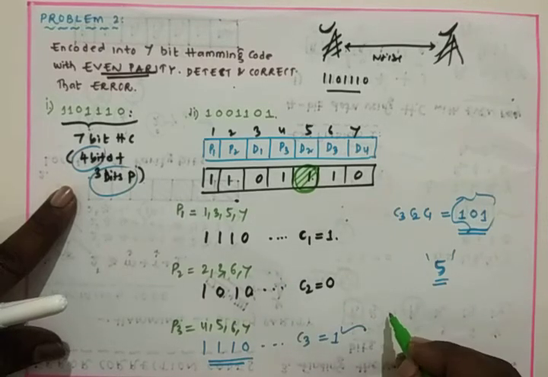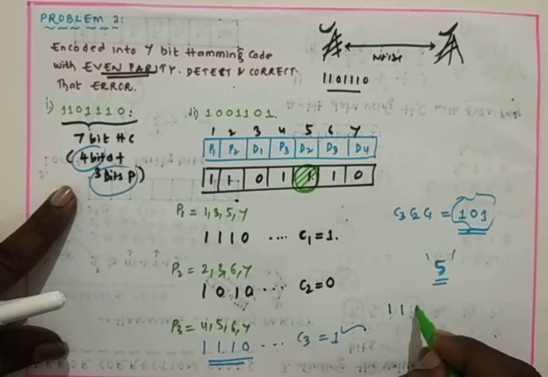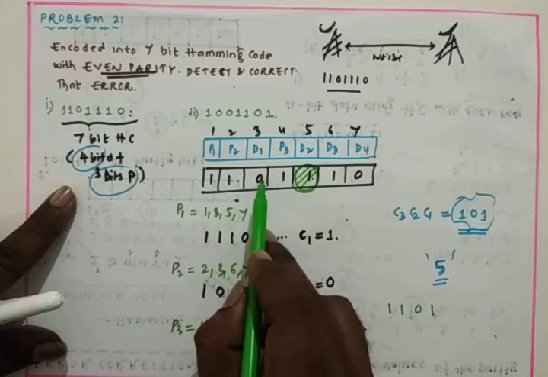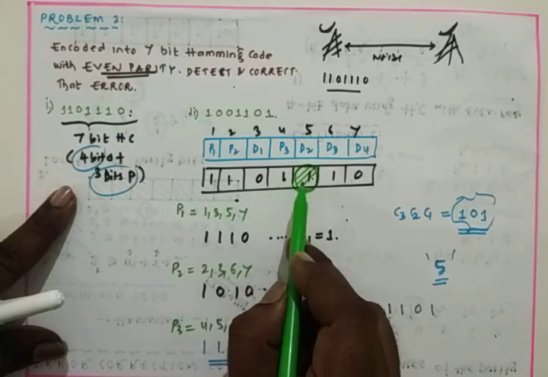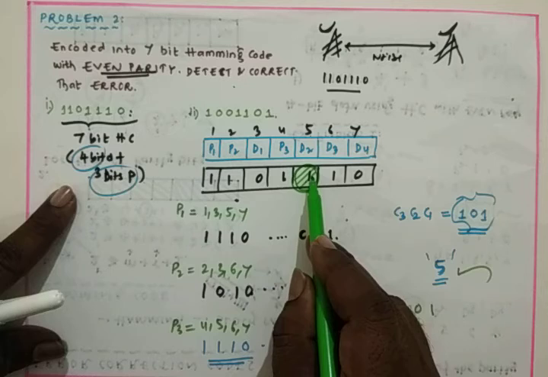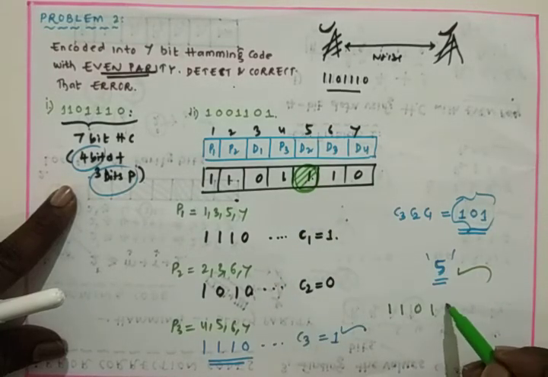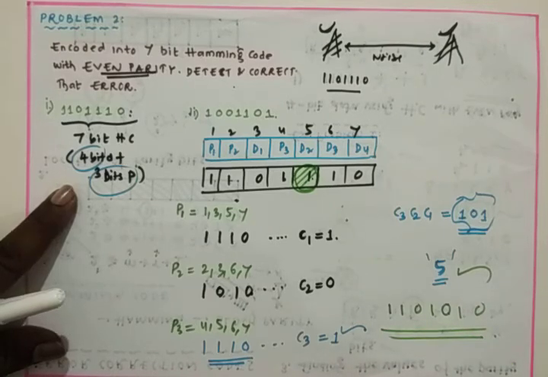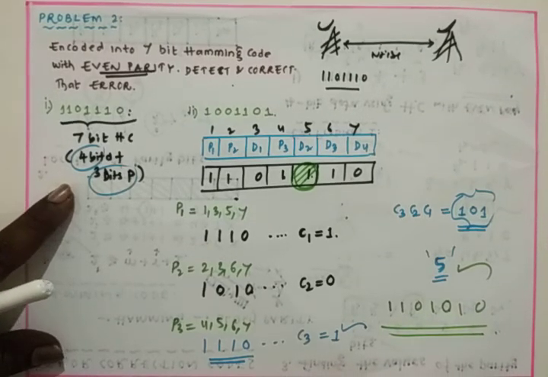So the code is 1101 and 1101 is no change, and in the 5th position there is a change; it is having 1, so we can change it to 0, that is the correct one, and 1 0. This is the correct code.